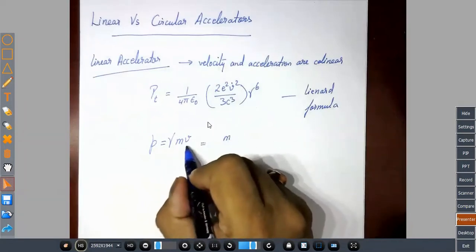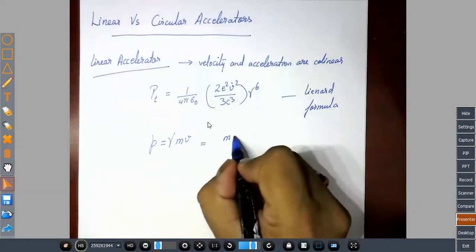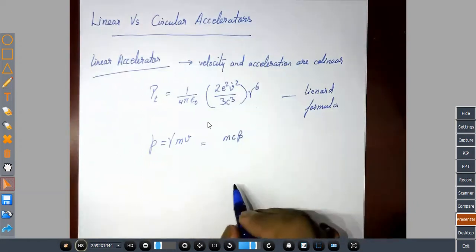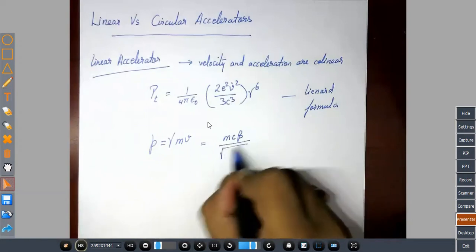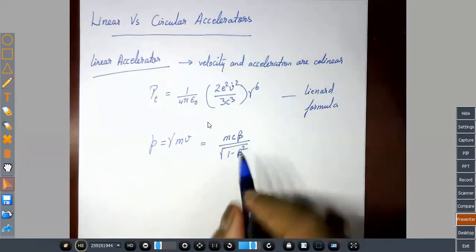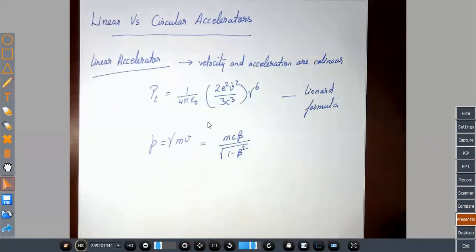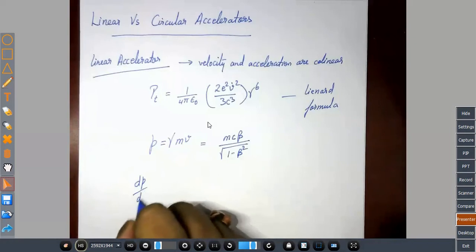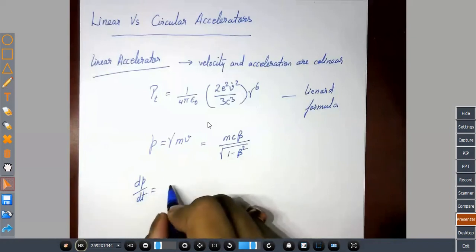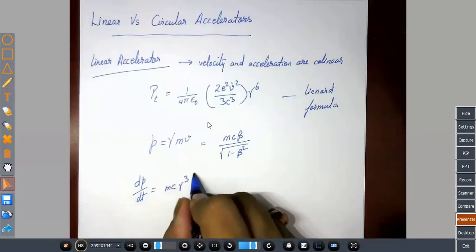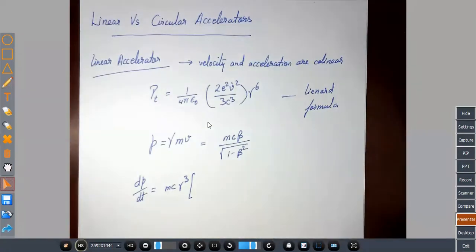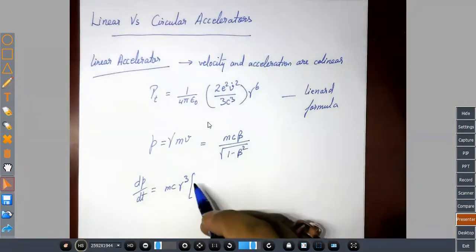I will be multiplying and dividing this velocity by c, so gamma will be 1 over the square root of 1 minus beta squared. Now differentiating this with respect to time, and converting it back into gamma.